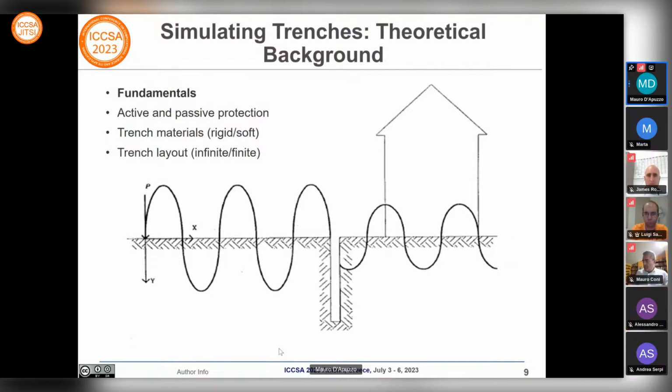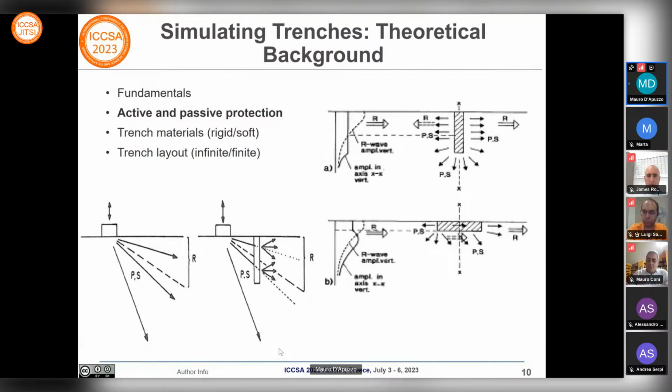So there are some similarities with this phenomenon, but the main thing to remember is that we can have a sort of active or passive protection depending on the position of the trench with respect to the vibration source.